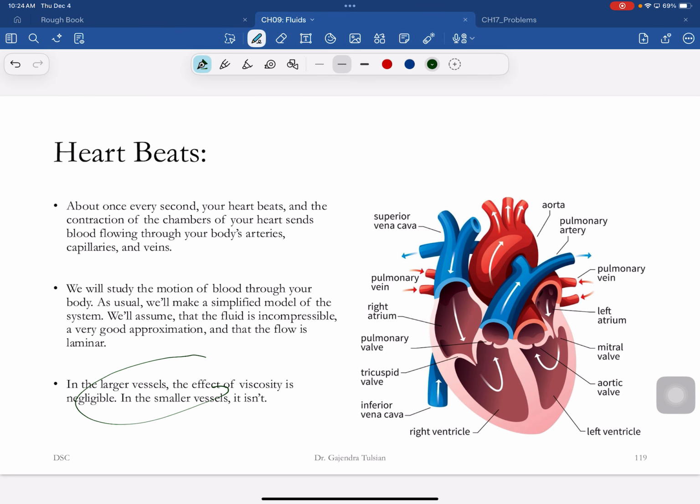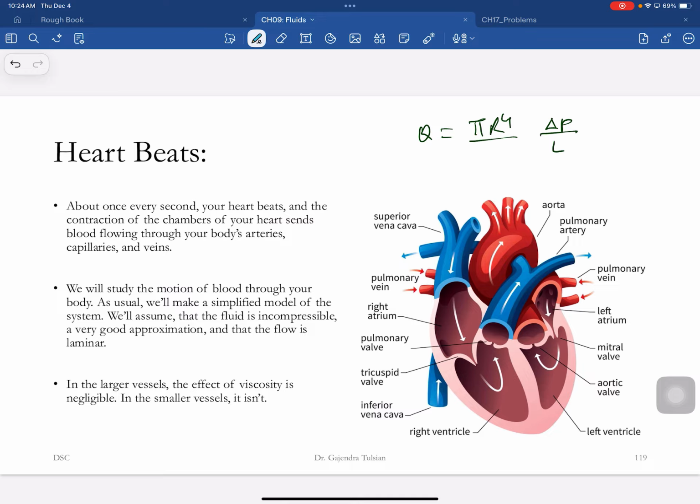So in larger vessels, the effect of... let me write down that equation. Q, the flow rate, is pi r to the power 4 over... Okay, if the radius of the blood vessel is quite large, you don't need as great a pressure difference to maintain a flow rate.